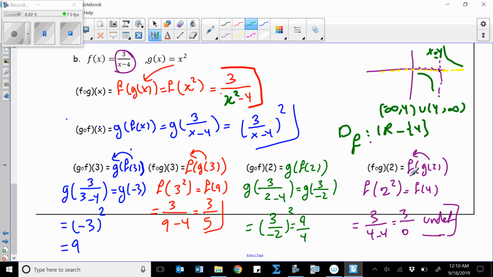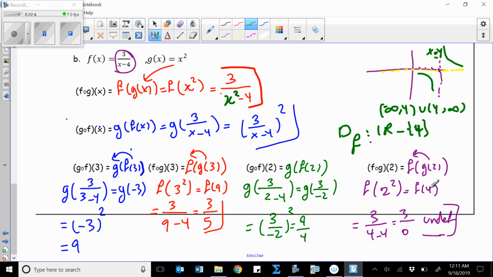Okay, now here I was doing f of g of 2, and we figured out that g of 2 is equal to 4. Now we're giving 4 to f as an input, but f can accept anything except 4 because this is not in its domain. If you give it to me, I don't have anything to give you back.